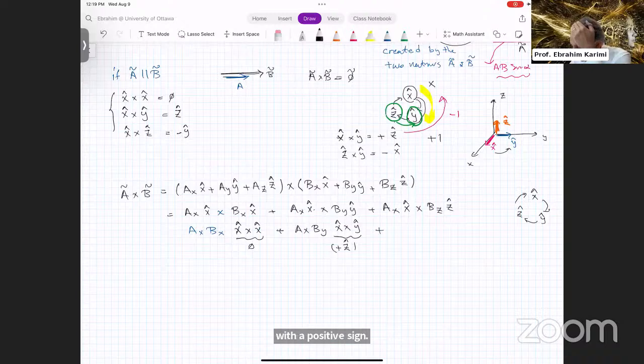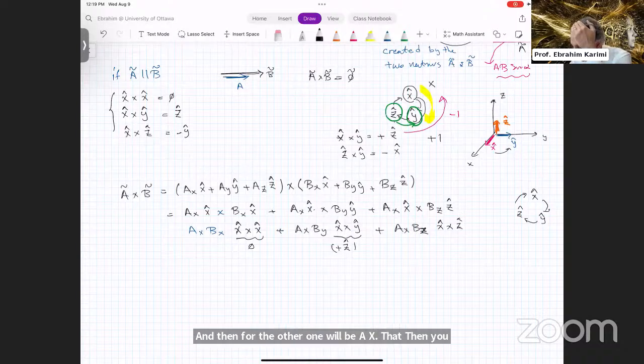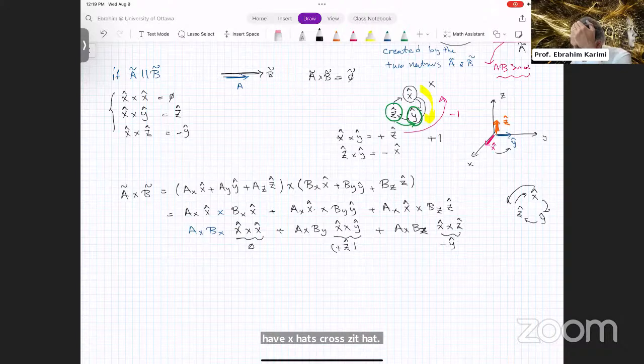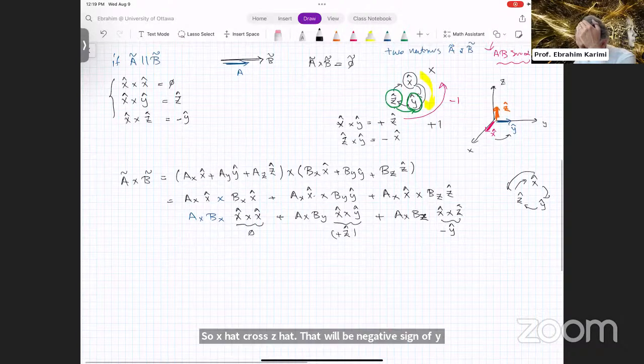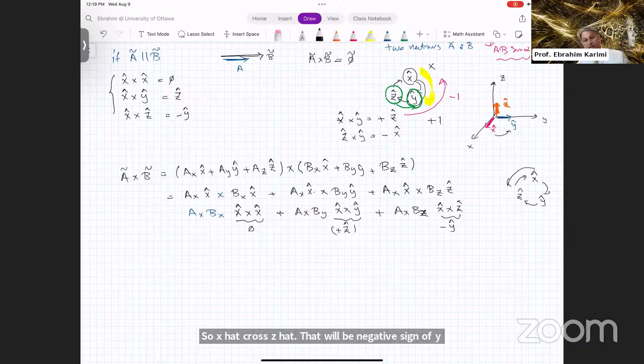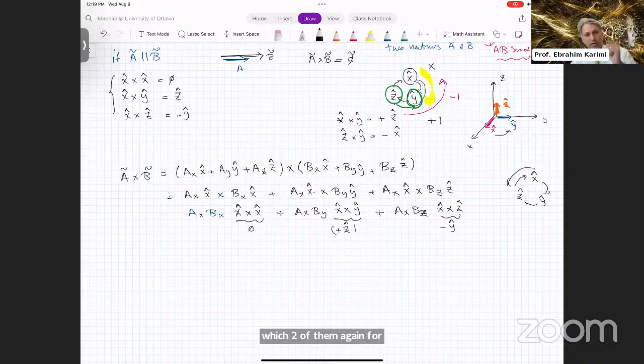And then the other one will be AX BZ, then you have X hat cross Z hat, so X hat cross Z hat will be negative sign of Y hat. And then I have another 6 terms, of which 2 of them, again, Y hat cross Y hat will be 0, Z hat cross Z hat will be equal to 0.